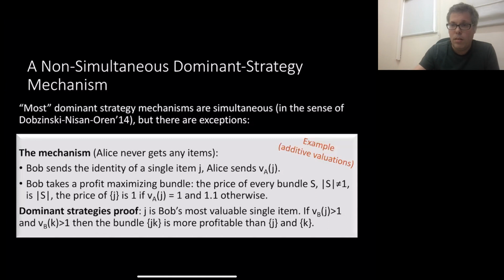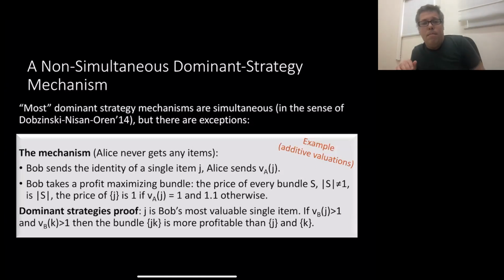Questions? Yes, can you explain it again? The dominant strategy of Bob? I'll prove that it's dominant strategy, but first, is the mechanism clear? I want to prove that Bob has a dominant strategy, but is the mechanism clear? Yes. Okay.